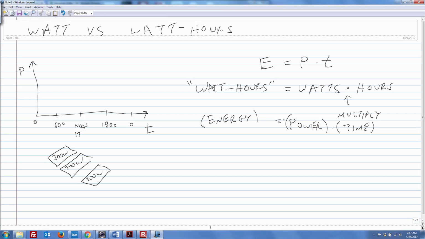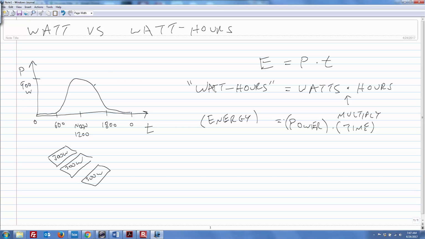noon, or 1200 hours. So the maximum power we know is going to be at about 900 watts. Early in the morning, so in the night it'll be 0, 0, 0. It'll come up, maximize, come back down, and then go back to 0.